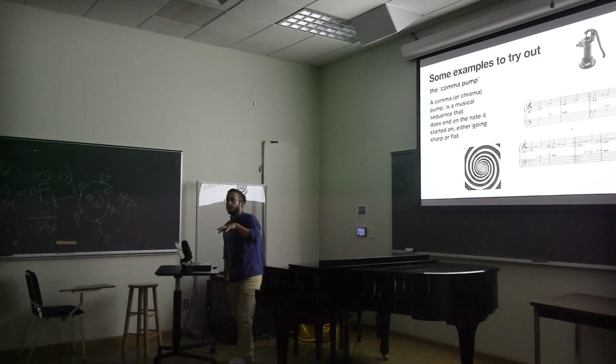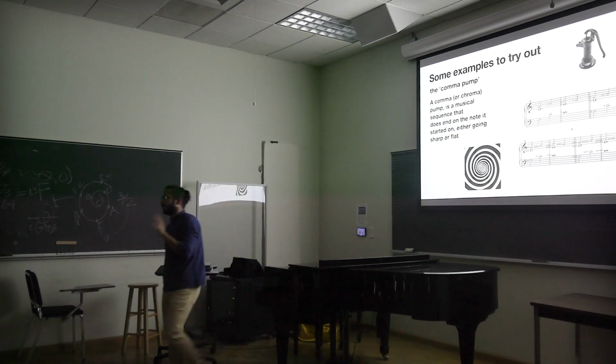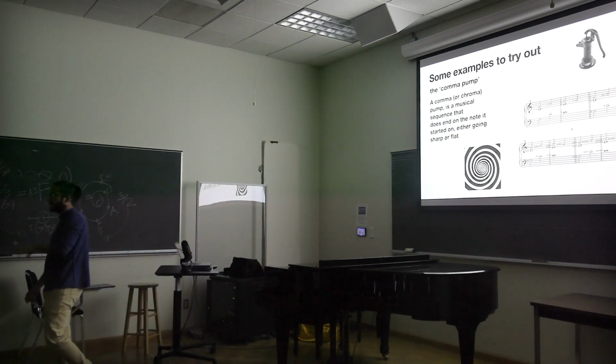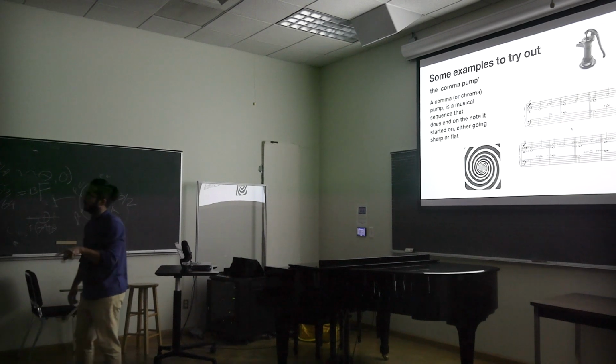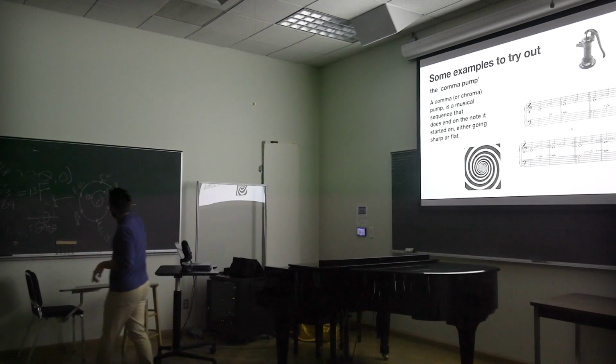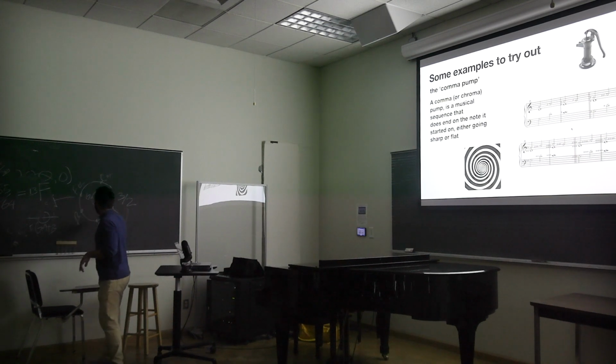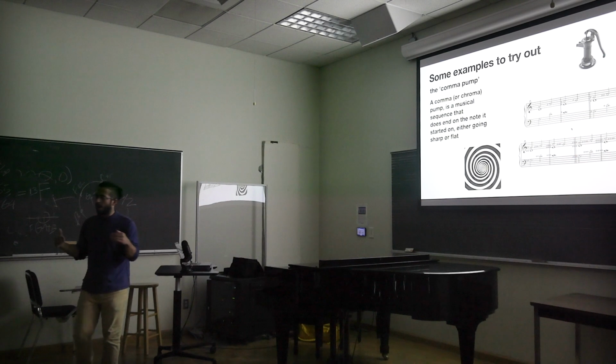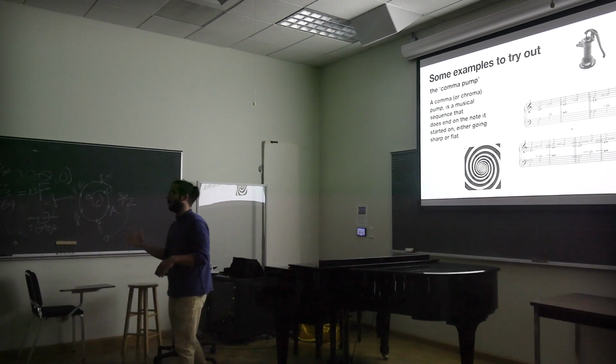Another example in just intonation would be the circle of fifths would actually become the spiral of fifths, because if you go through one sequence of the circle of fifths, sort of like how Pythagoras experienced, you would come back to the same note, but it would be sharper. Or it would be flatter, depending on which direction you're going.